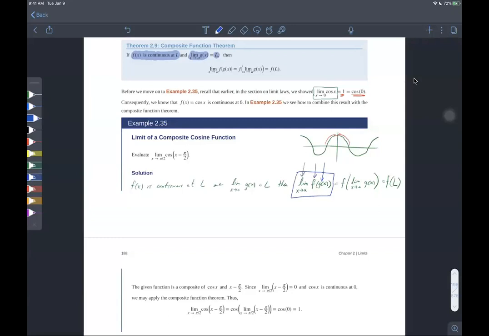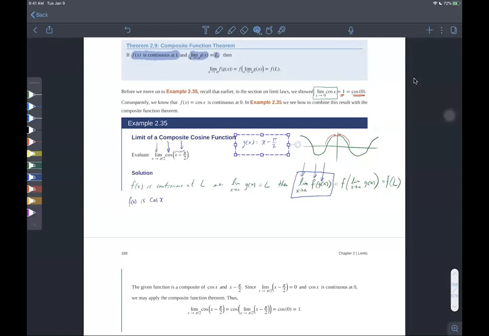In the problem we're given, we have a function cosine of x applied to another function, which we could call x minus pi over 2. So f of x is cosine of x. g of x is equal to the inner function, x minus pi over 2.